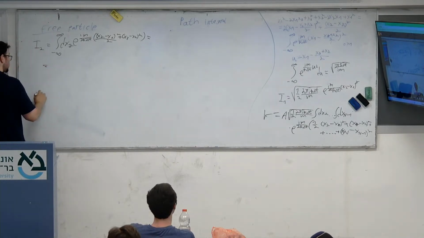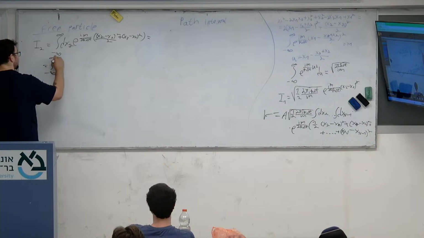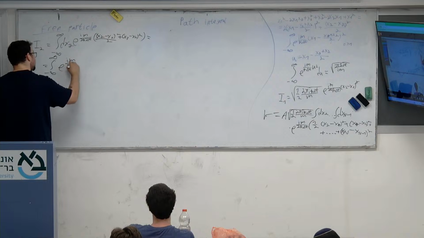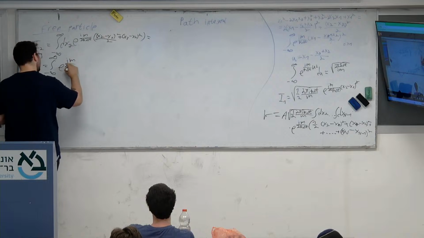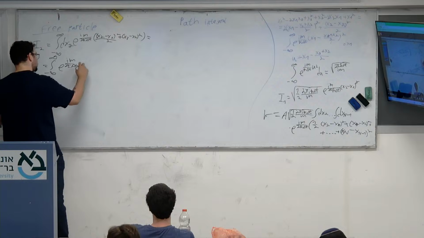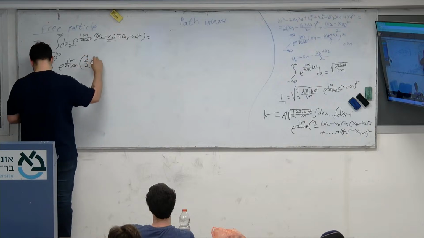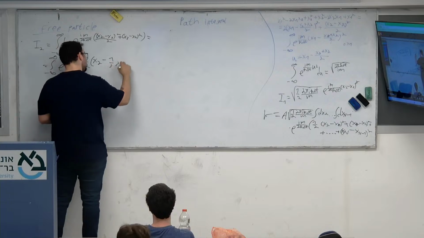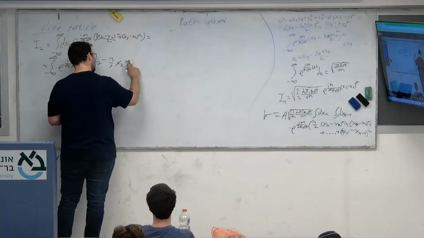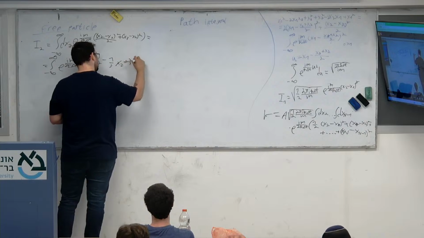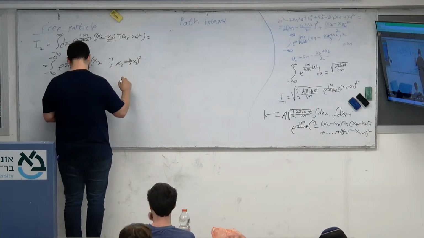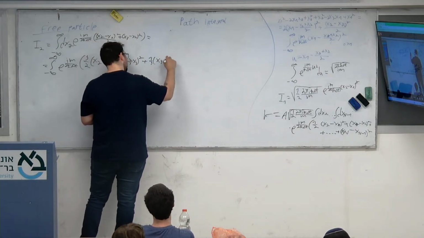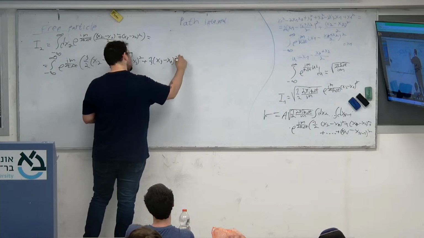Equals, just going to write it real quick so we can go home: e to the i m over 2 h bar delta t times 3/2 (x2 minus x0/2)... minus 2/3 x0 squared plus 1/3 (x3 minus x0) squared.